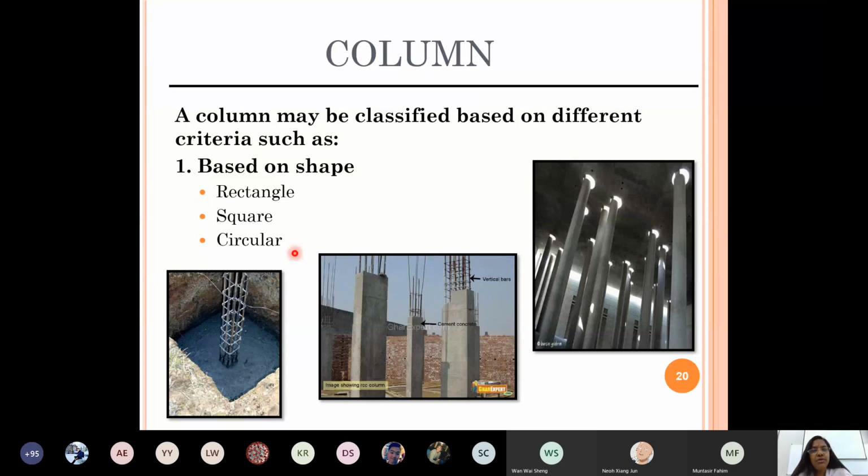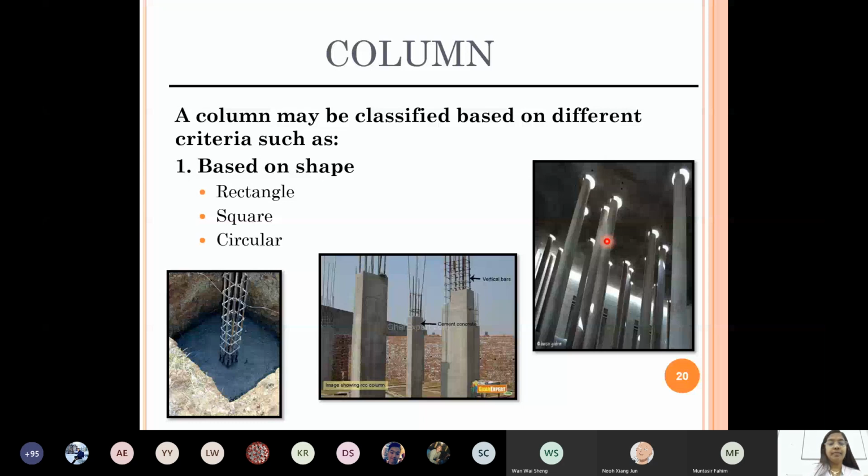The shapes may be varying, not limited to these 3, but here it is limited due to the code book, your manuals code book, steel code book, or concrete code book, whatever it is, they will be classifying based on these 3 types. Okay, you're seeing the reinforcement here. And then circular, right? Circular column, rectangular, square. Maybe this one is a square because based on the reinforcement, it seems it's a square column.